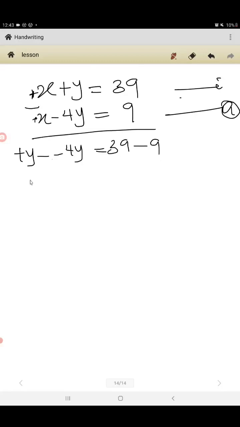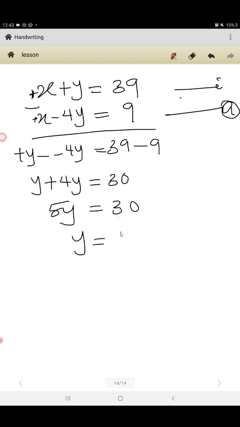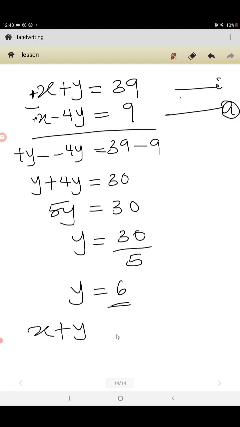So therefore, we have y plus 4y is equal to 30, making 5y is equal to 30. So y is equal to 30 over 5, so y is equal to 6. With any of the equations you are able to get the value of x. Using x plus y is 39, x plus 6 is equal to 39.